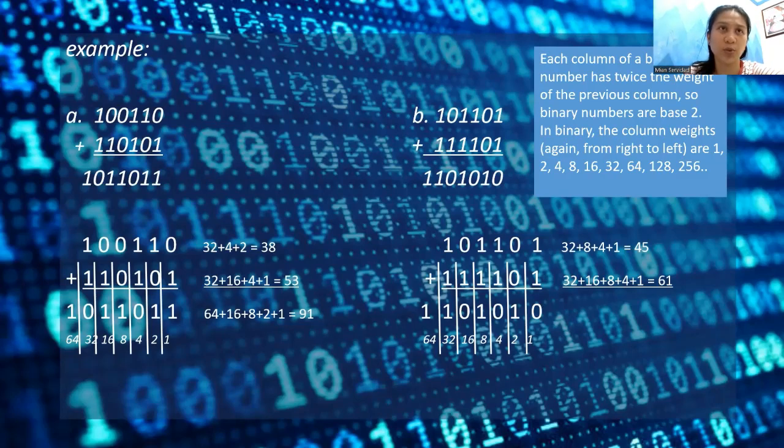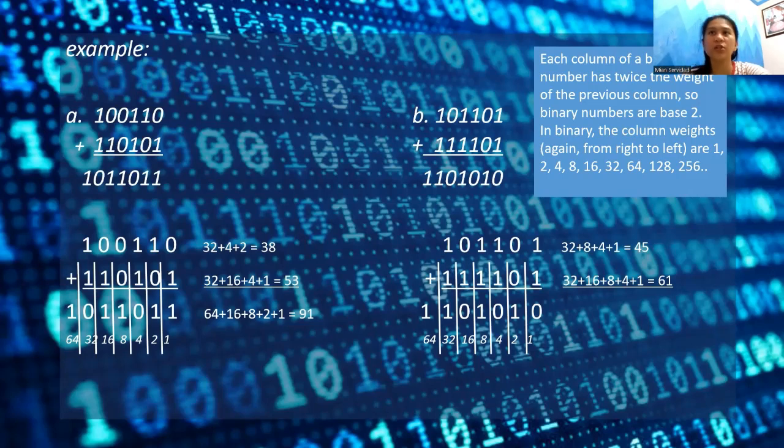So 1 plus 0 equals 1. And 0 plus 1 equals 1. And 1 plus 1 equals 0, and we carry the 1 to the next column. Since there's none left, we bring down 1.